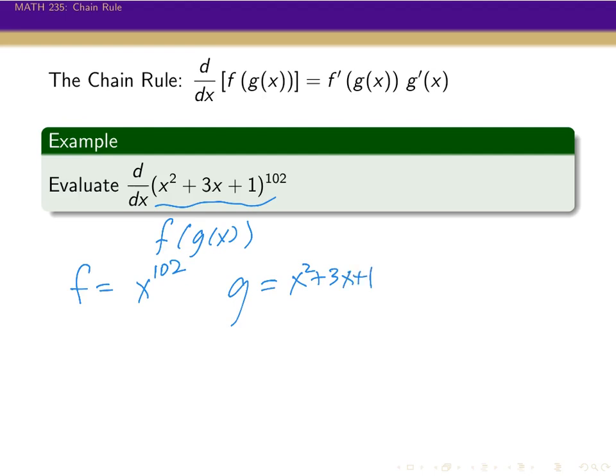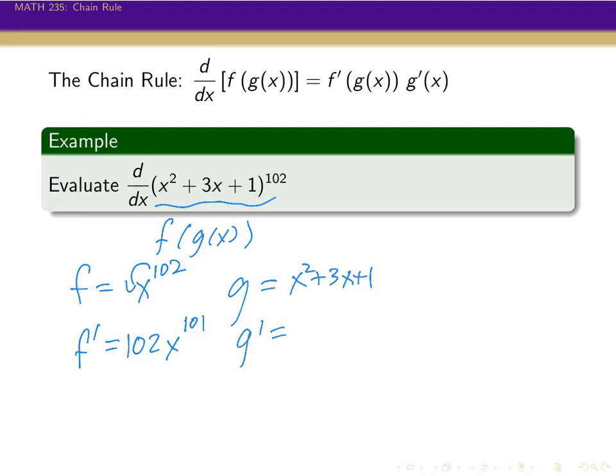Now we need to know the derivatives of both of these. So x to the 102nd, this is an integer power of x. We know how to do that. The 102 is going to come down, so I'm going to have 102 times x, and then the new power of x is going to be 1 less. So it's 102 times x to the 101.